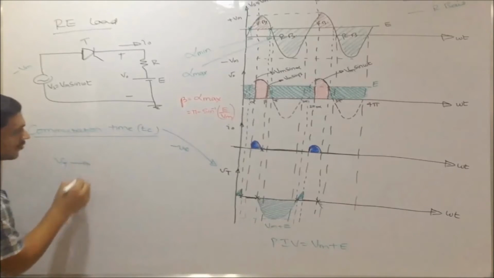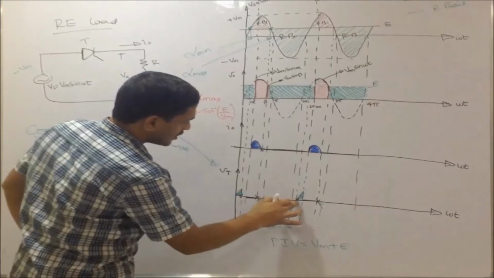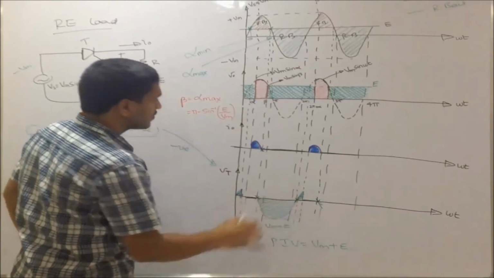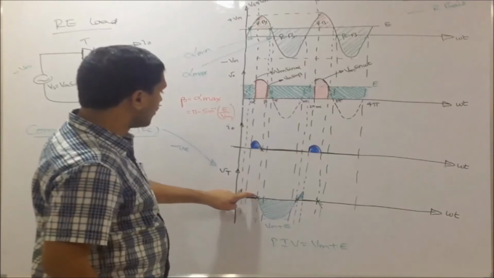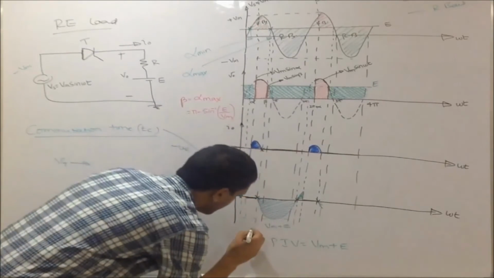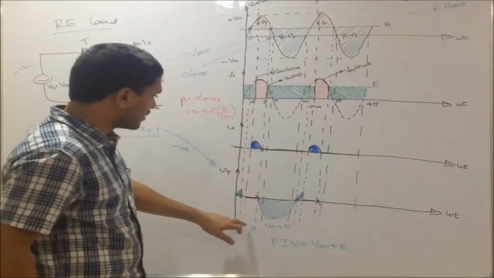Vt is negative from this point to this point. You look in the graph. What does this correspond to? This corresponds to beta, meaning alpha max.